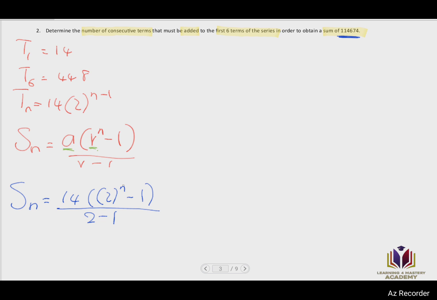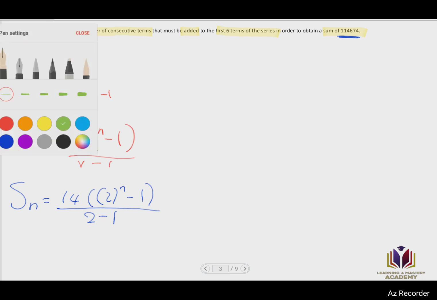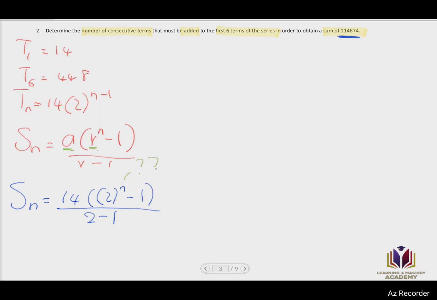We are solving for the n. So we take the sum, 114,674, and equate it to the sum formula, 14(2^n minus 1) over 2 minus 1. 2 minus 1 is essentially 1, so it will disappear.